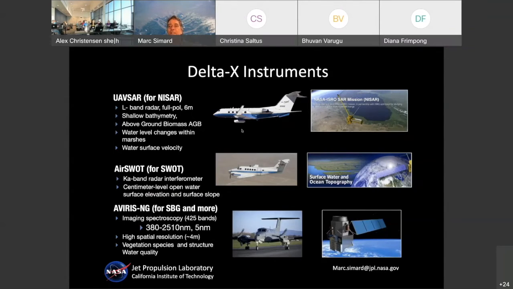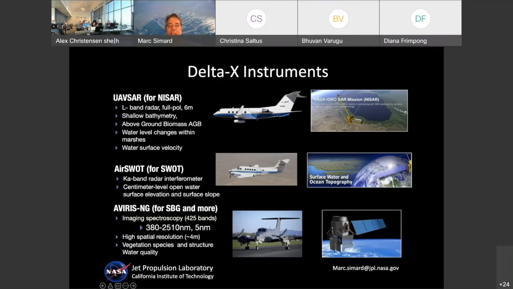So we're basically monitoring and following the tide as it comes up north to the wetlands and back out south into the Gulf of Mexico. By the way, each of these instruments corresponds to an upcoming NASA spaceborne mission. So in the case of UAVSAR, that will be NISAR, which will be launched in January of 2024.